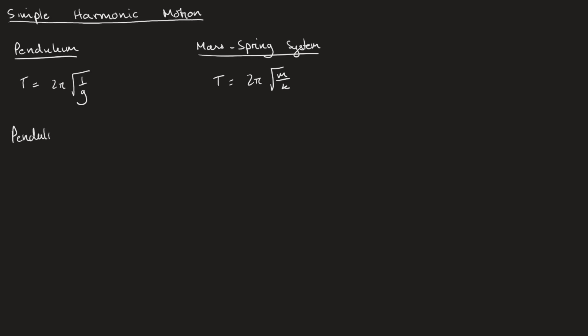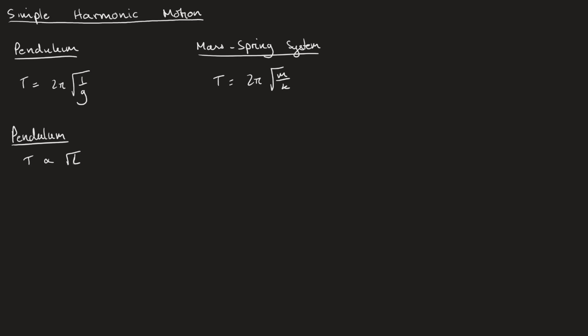Now, what we are going to say is we have 2 things that we could vary, which are the length and the gravitational field strength. Obviously, it's a lot easier for us to vary the length than it is to change the gravitational field strength of Earth, go to a different planet. So what we're going to say is we're going to try and prove that T is proportional to the square root of L, where L is the length of string.